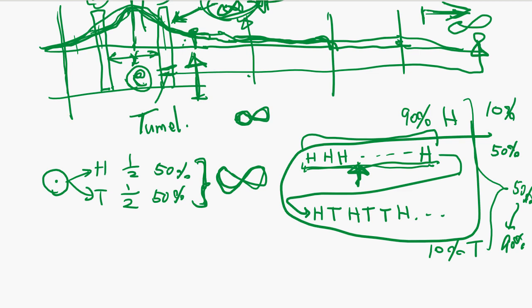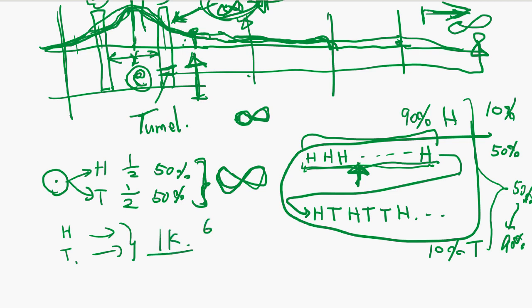But then how do you deal with this? You can't tell it's a 50-50 chance unless it's infinite times, right? If you flip, definitely it's heads or tails. Okay, so you repeat that 1,000 times, not enough.